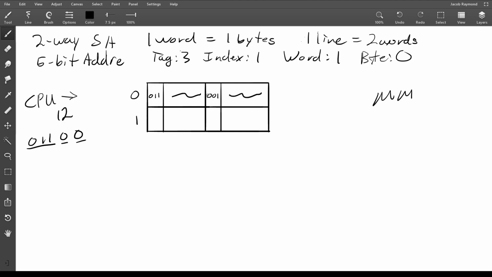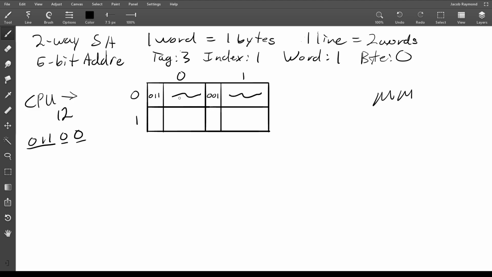Additionally, with a two-way set associative cache, let's say you want to keep track of which one's older. If we call this entry 0 in the set and this entry 1, well, then we can store a single bit of information here that keeps track of what's the oldest. So let's say we just access 0. We'd look at the tags and say, okay, well, here it matched, so that means we accessed location 0.